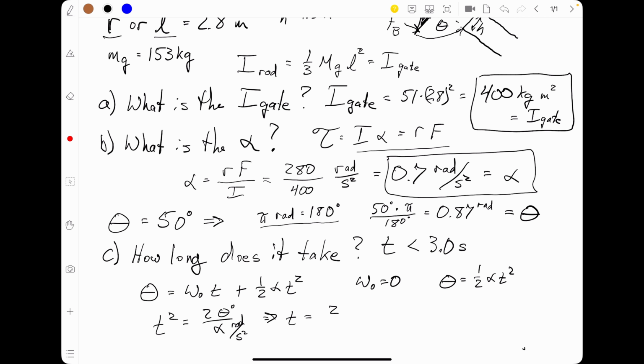So square root, okay, of 2 times 0.87 divided by alpha, 0.7, and I'm going to square root that thing, and that's going to give me t equal to 1.58 seconds.